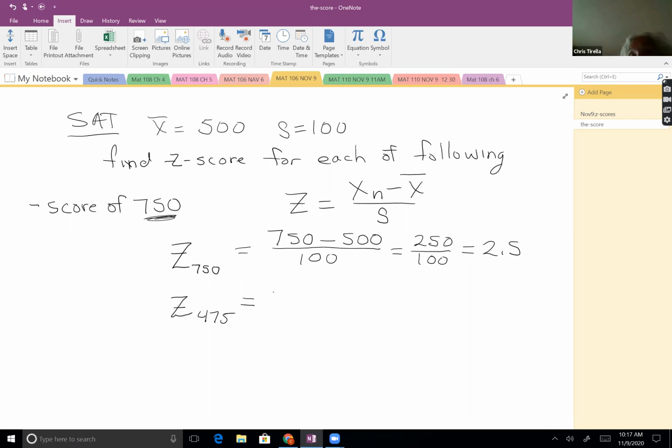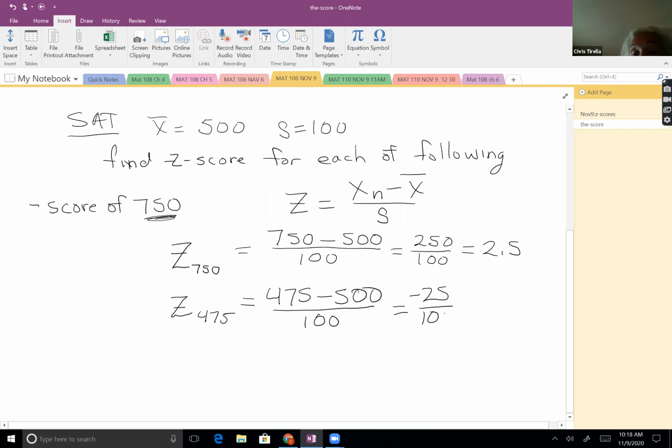Because what we're doing now is we're going to discuss what it means if your z-score is positive and what it means if your z-score is negative. So you are spot on. When I subtract 475 minus 500, then I have to divide it by 100. That does give me a negative 25 in the numerator. And so that gives me negative 0.25.